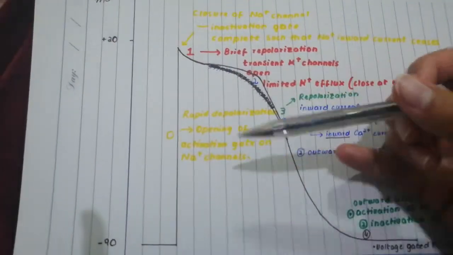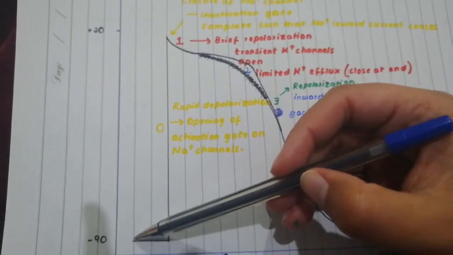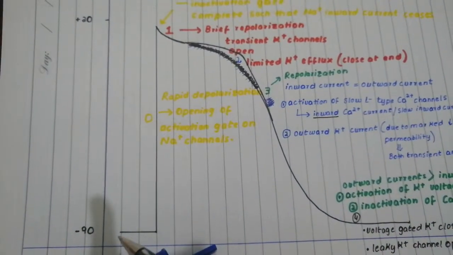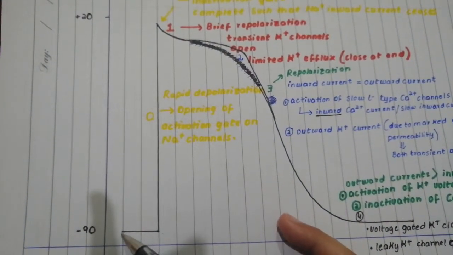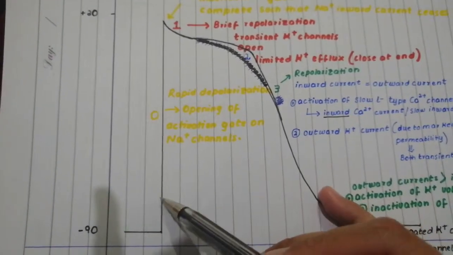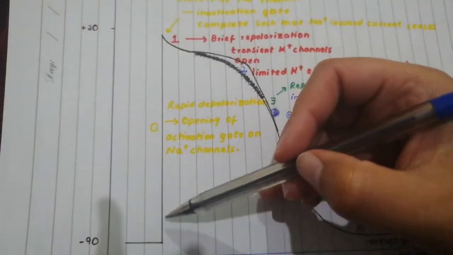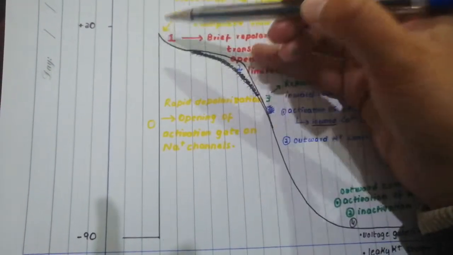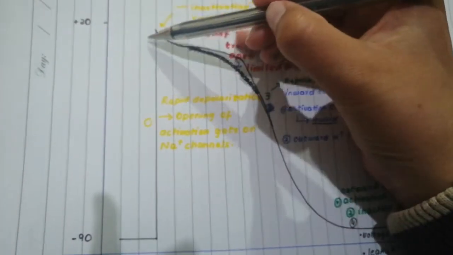And what is the cause? At this point, it is at rest. A surrounding myogenic cell, such as a pacemaker cell of the SAN, sends an action potential that causes the membrane potential to change to, say, -70 over here, which is the threshold potential. And then we have self-sustained rapid depolarization until a peak potential of +20 is achieved.